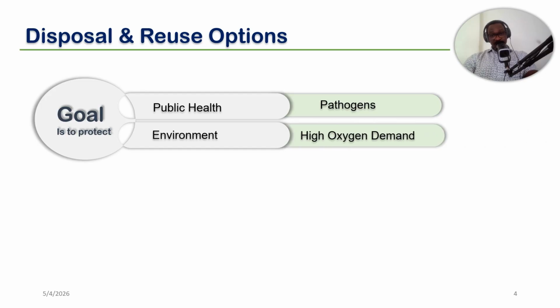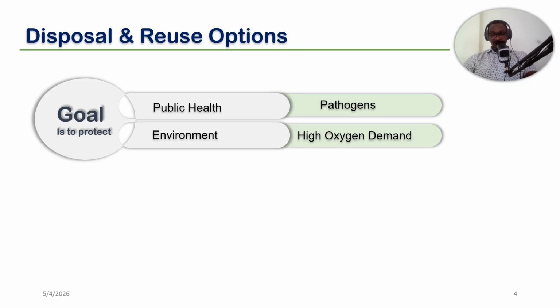While for the environmental part, we're looking at managing the high oxygen demand, which is an indicator of pollution load, and the resultant effect is you will have growth of algae and other pollutants that will in the long run affect water quality wherever they will be disposed.